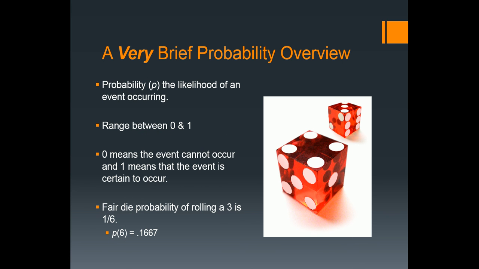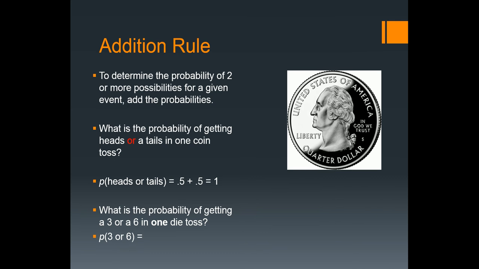The probability of getting a 3 is 0.1667, and the probability of getting a 6 is 0.1667. Adding the two probabilities together, you get 0.3333, so 1/3 of the time.